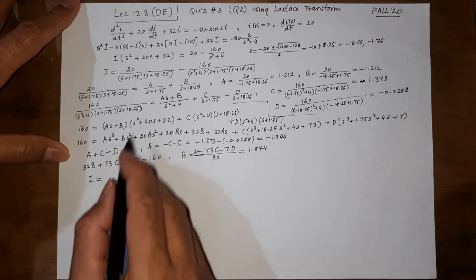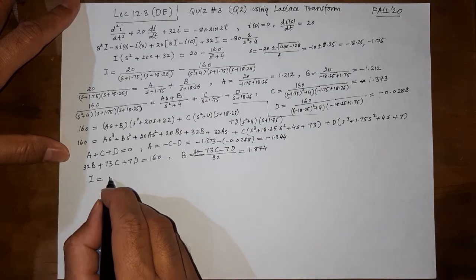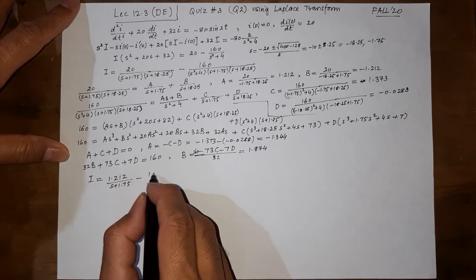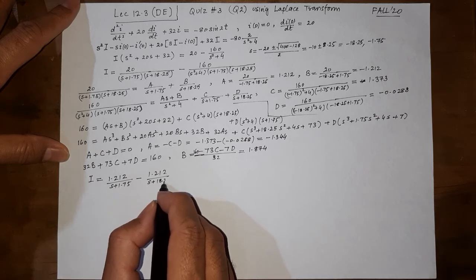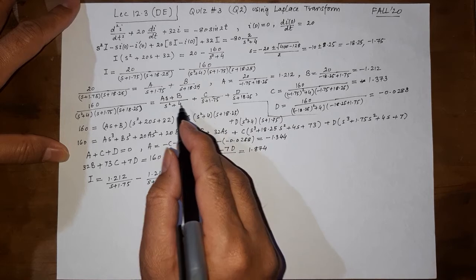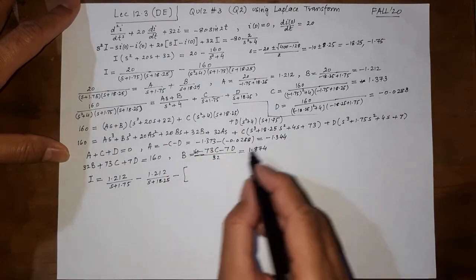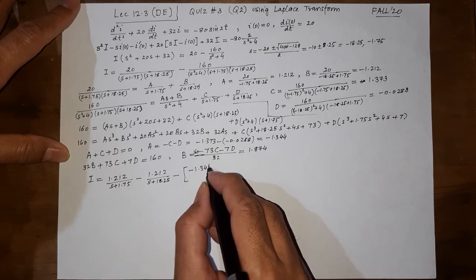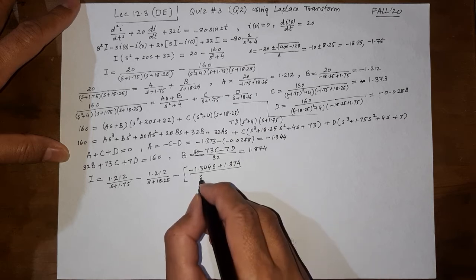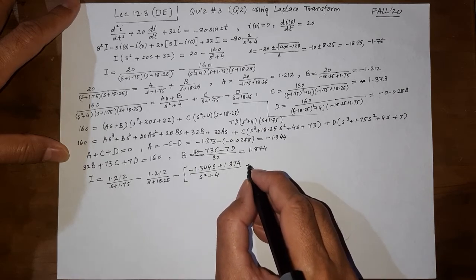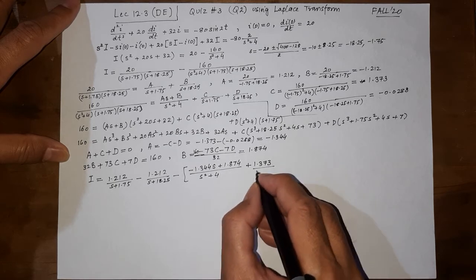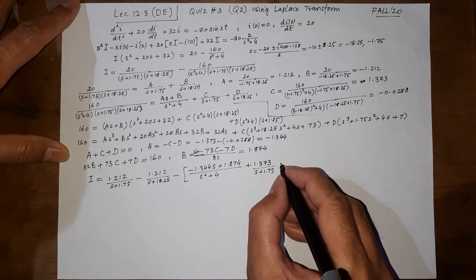So I is equal to this term, which has a equal to this 1.212 over s plus 1.75 minus 1.212 over s plus 18.25 plus minus this term, so minus this term with a is equal to minus 1.344 s plus b over s square plus 4 plus c, where is the c, is this one, plus 1.373 over s plus 1.75 and plus d.